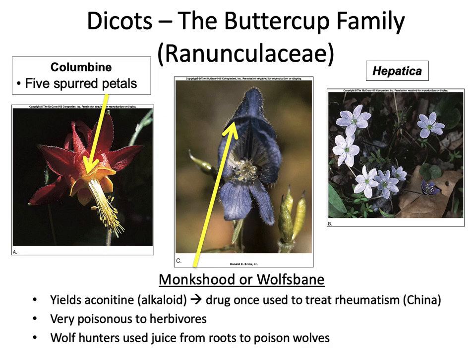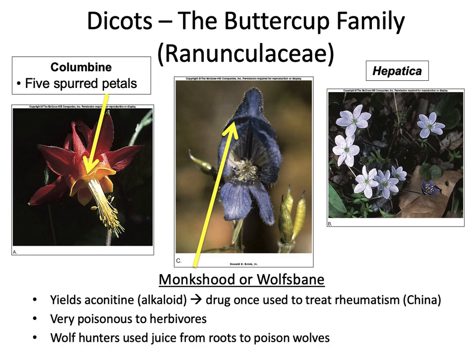So monkshood produces the chemical called aconitine, and this is a powerful alkaloid. It is used as a drug in Chinese medicine, but of course, you don't want to be experimenting with this unless you're under the direction of a medical doctor.